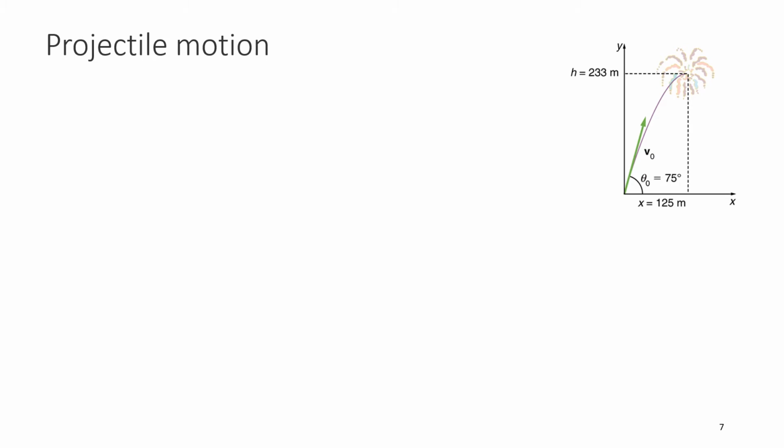In the last example, we see the maximum height we found for any projectile motion when air resistance is negligible is h equals V0y squared over 2g. This equation defines the maximum height of a projectile and depends only on the vertical component of the initial velocity.